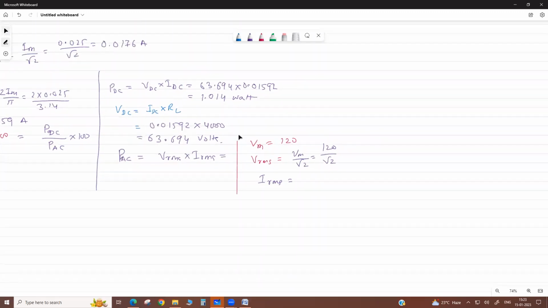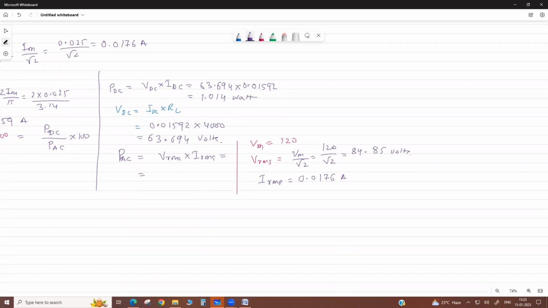Now here, this is the same, 0.0176 ampere, and this voltage is 120 divided by √2. It comes to 84.85 volt.